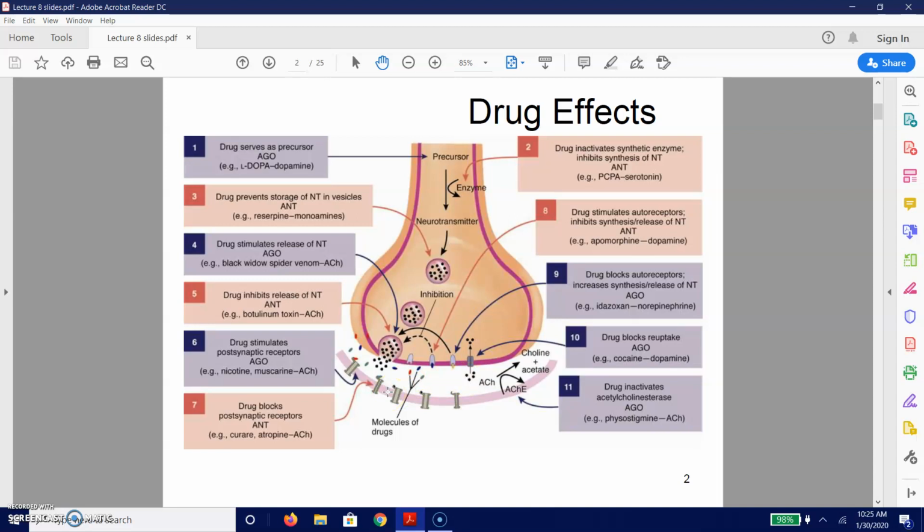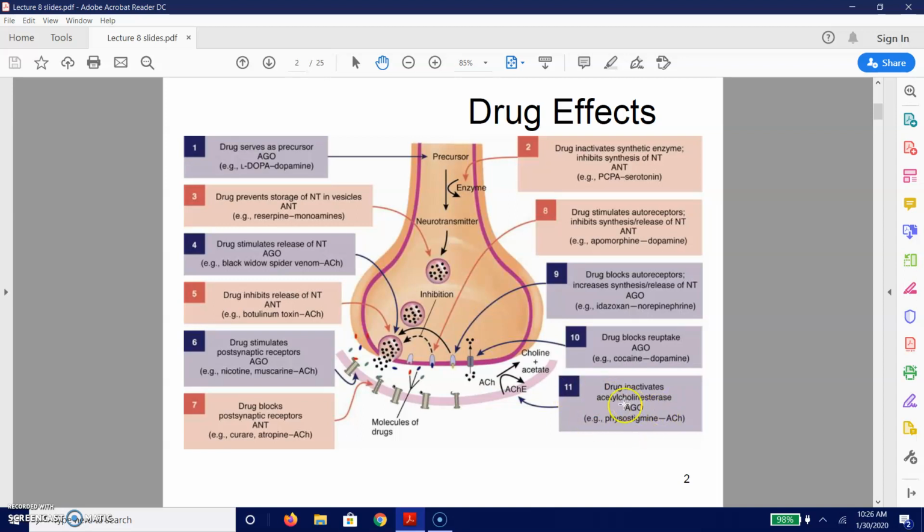So a lot of antidepressants actually work this way. And in this case, that will be an agonistic function. Blocking reuptake means that the neurotransmitter effects are enhanced. One of the other ways is to prevent enzymes from breaking down those neurotransmitters. And again, that would be an agonistic function.